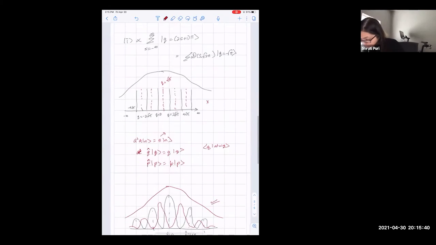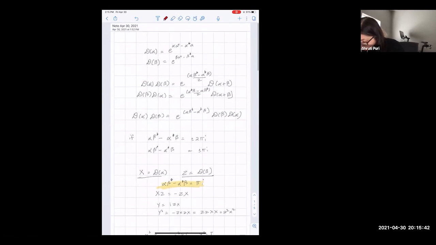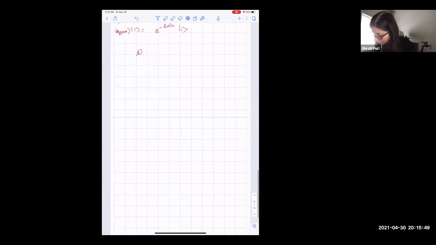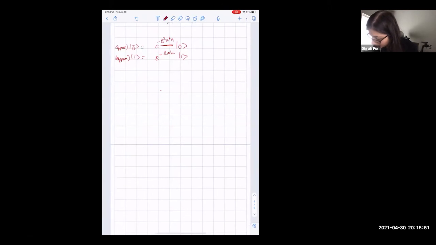Wait, did I mess up beta? So, okay, this is a definition. Okay, so beta is imaginary. This is i square root of pi over 2 times a dagger plus a, right?